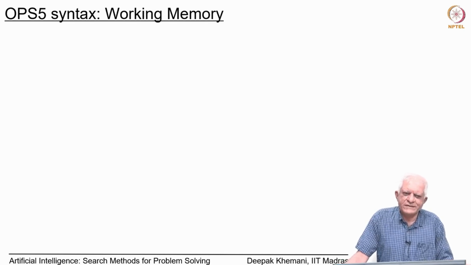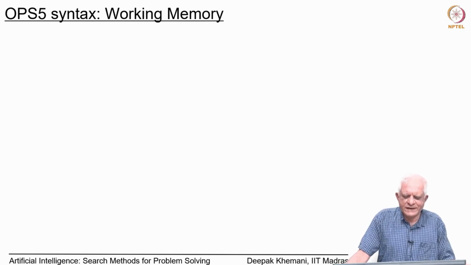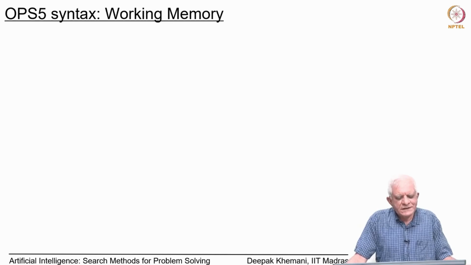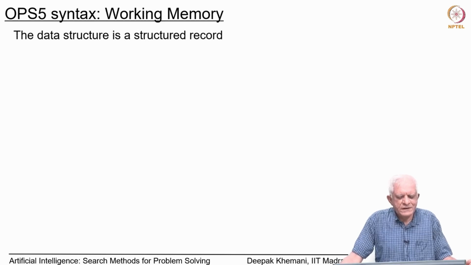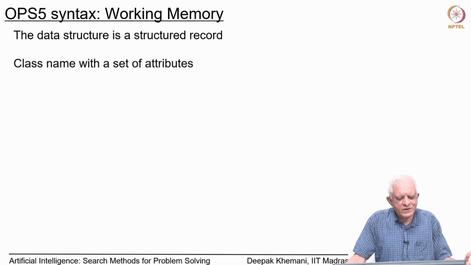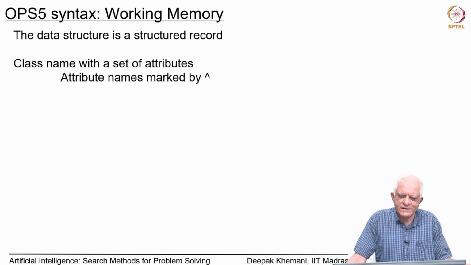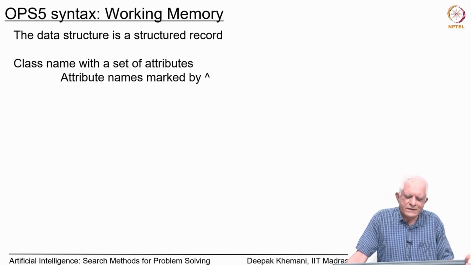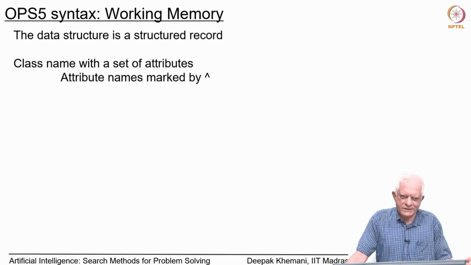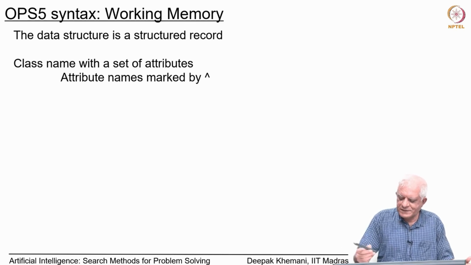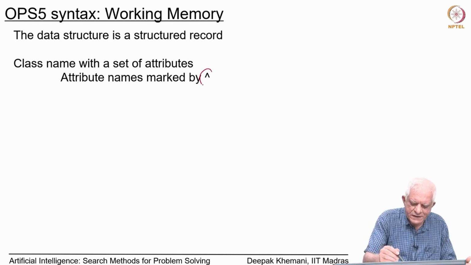So, let us look at OPS5 syntax a little bit. The first thing is the working memory. The data structure is going to be a structured record, which means every record will have a class name and a set of attributes, and the attributes would be marked by a special symbol, which is the hat.